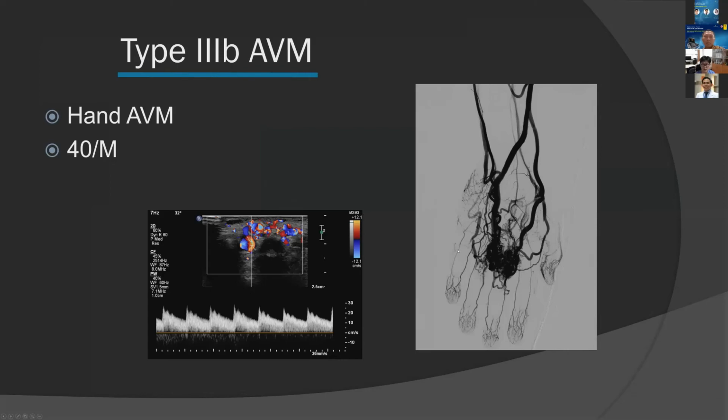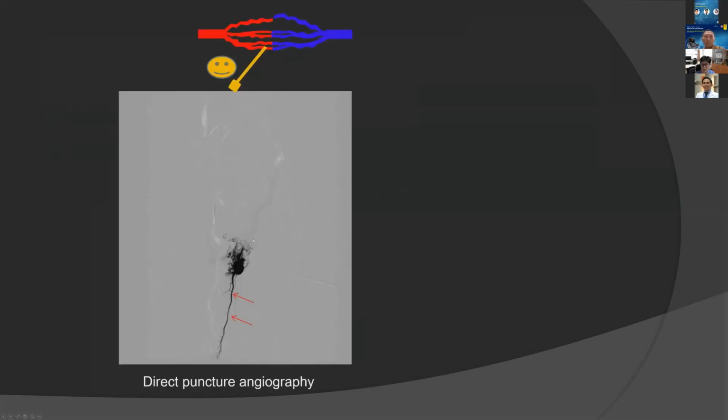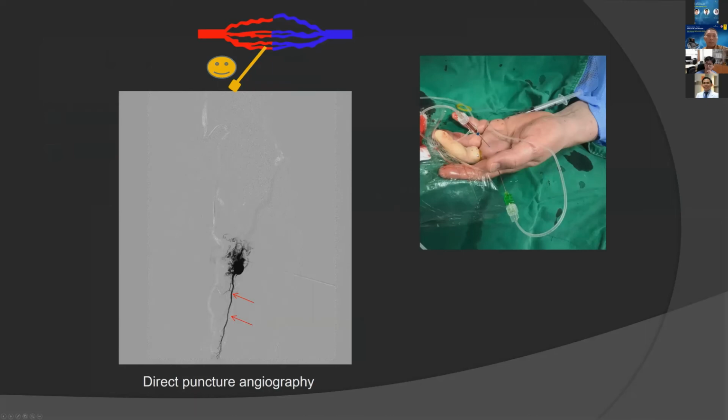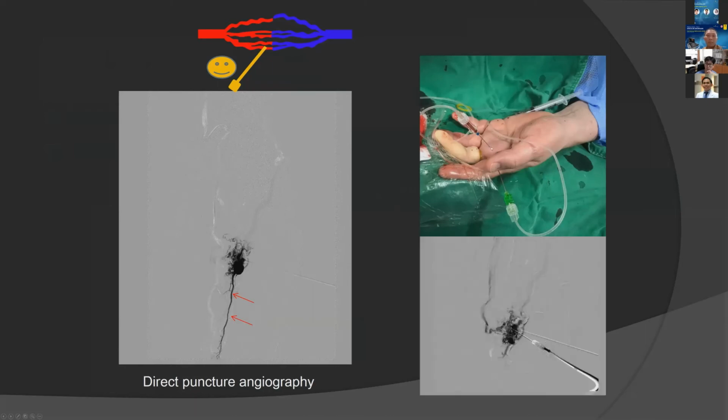This is another example, a hand AVM. Direct puncture angiography shows the finger artery arising from the nidus, so it is very difficult to treat. So I used a rubber band for embolization, the band compression technique.